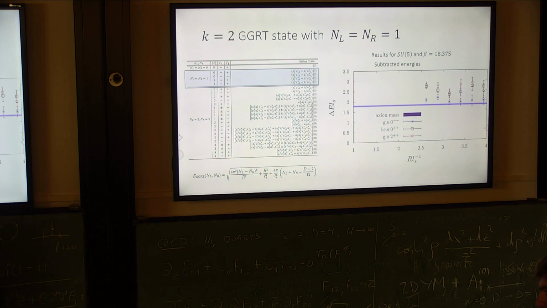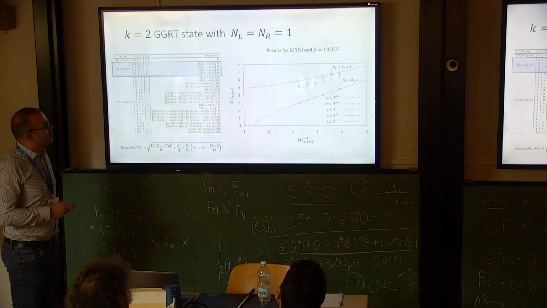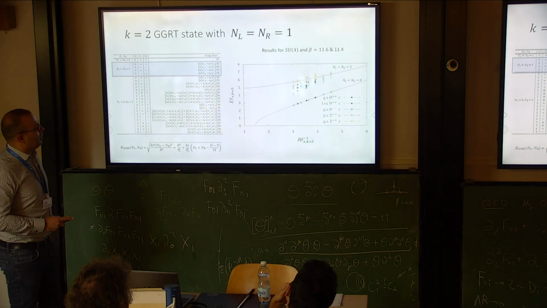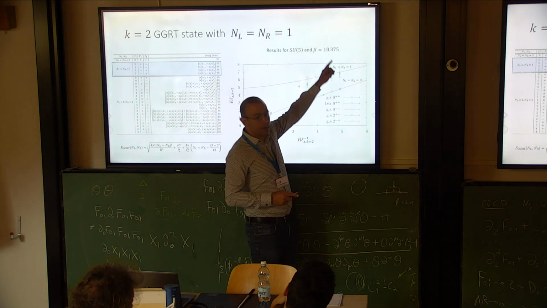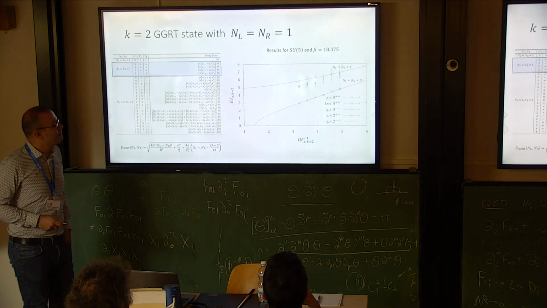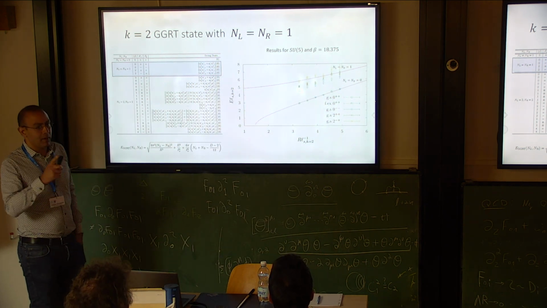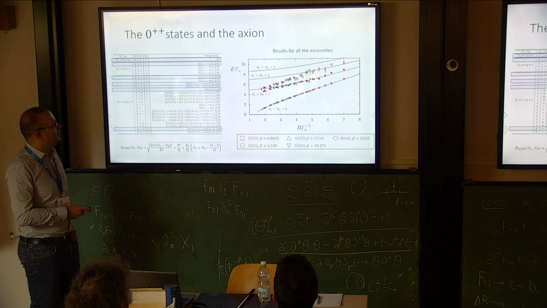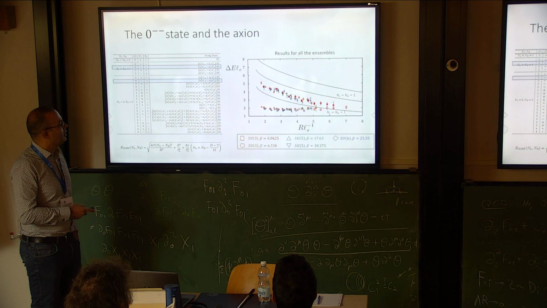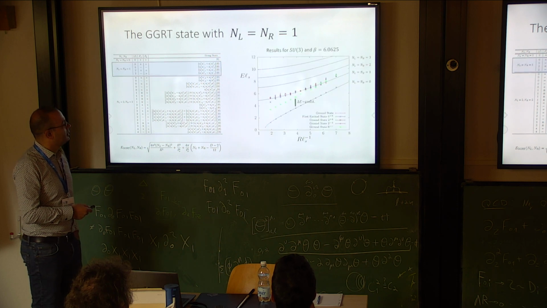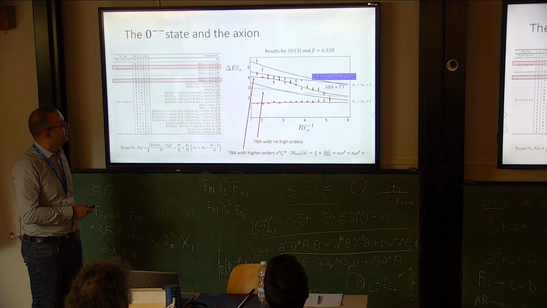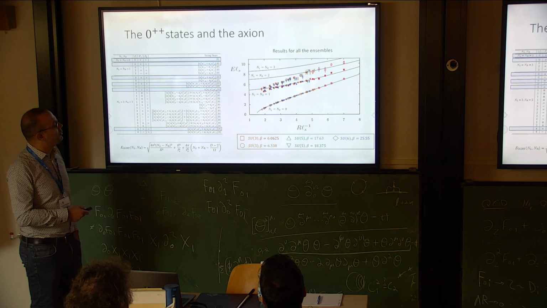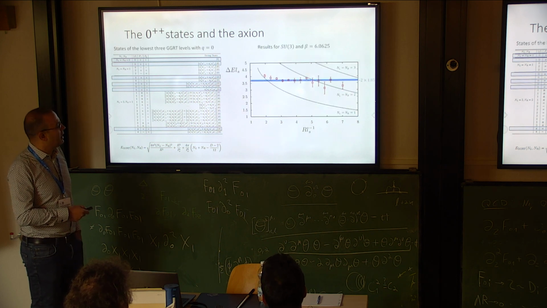How close are you to the continuum with this value of beta? Well, that's a good question. This is SU(5) and beta of 18.3375. This is the same beta I used actually for the k=1 string.